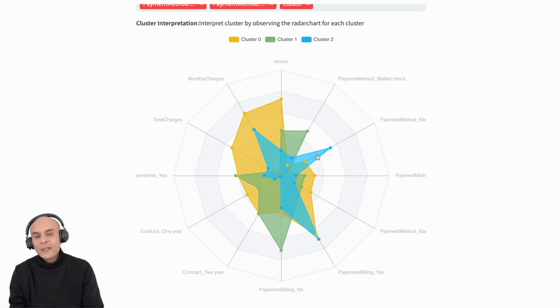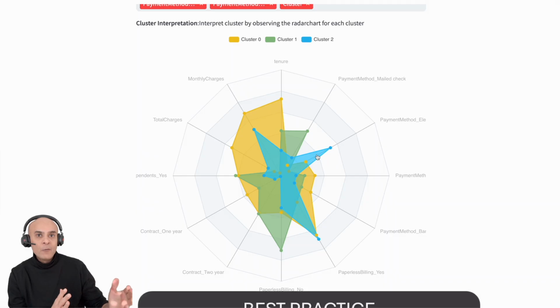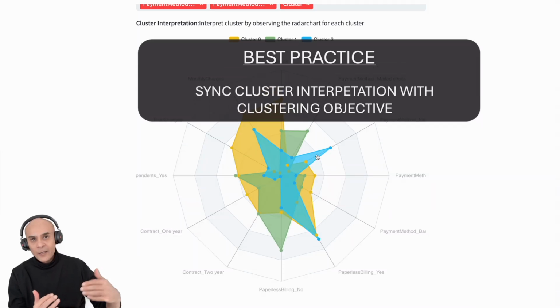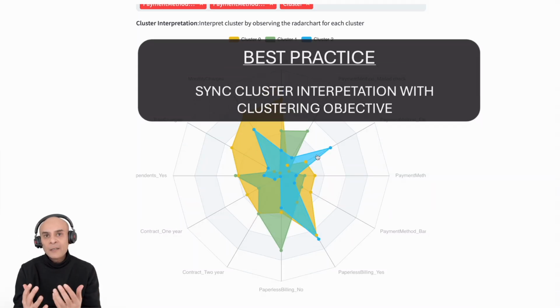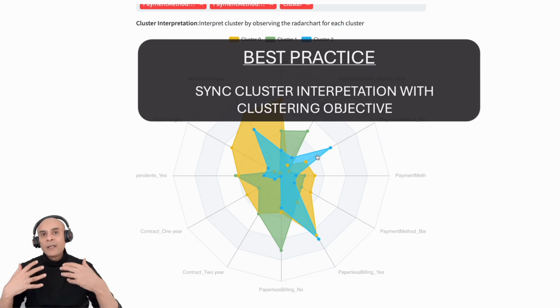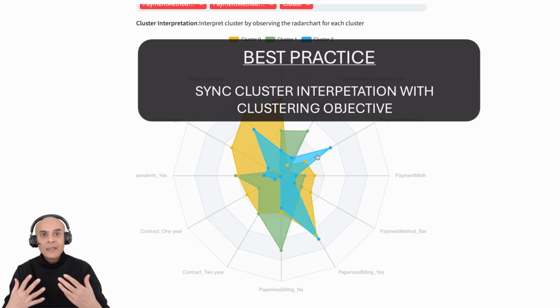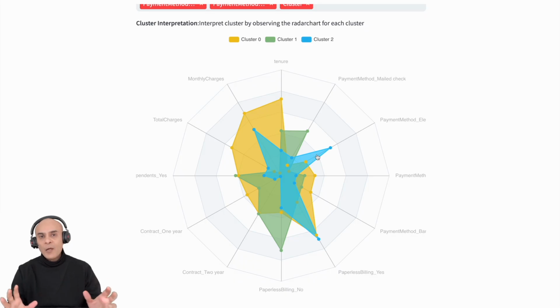So the radar chart is a nice way to interpret the clusters, and in a way it helps you also sync with your objective which you had set earlier. In our case, it was understanding the group of clusters so that we can take some actions such as sending a marketing campaign. So now you have your customers divided into high fidel, medium fidel, and low fidel customers. You know what kind of messages you need to send to each cluster group.